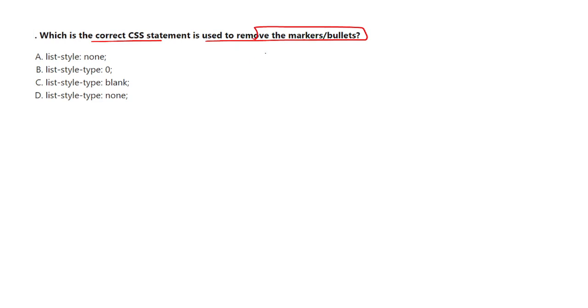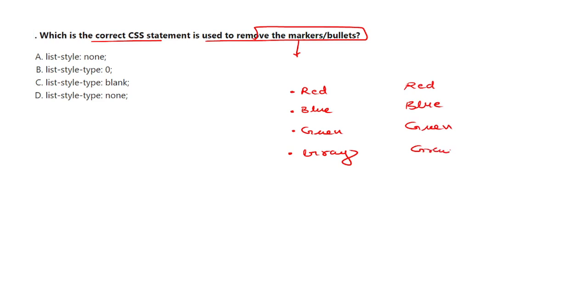Whenever we want to remove the marker or the bullets, say for a list of red, blue, green, etc., and you want to make your list simple without any bullet, without any number, what syntax should you use? The options are list-style none, list-style-type 0, list-style-type blank, or none.